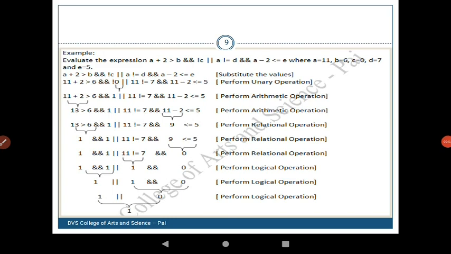Now we need to carry out 1 logical and 0 first because of its priority. The result will be 0 because one of the operands is 0. Now the resultant expression will be 1 logical or 0. Now we need to perform the logical operation once again. 1 logical or 0 will become 1 because one of the operands is 1, and hence the result will be true, that is 1. It is the final answer.